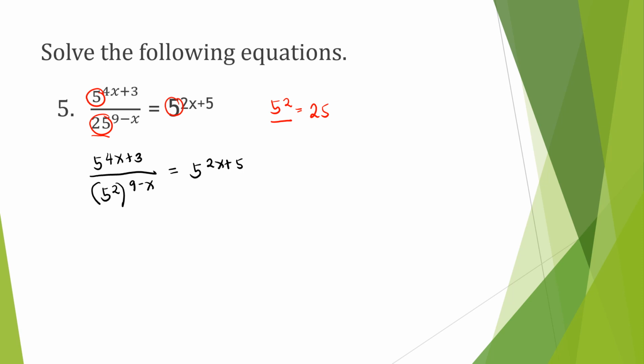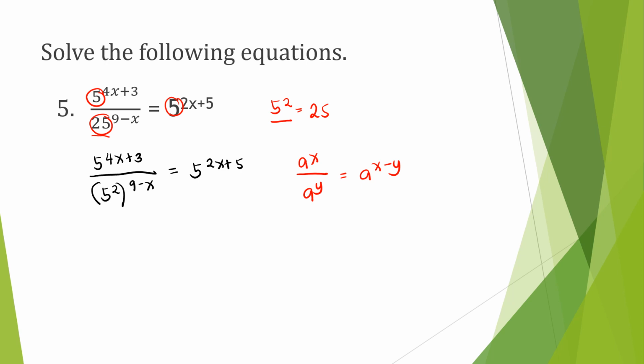Let us now apply dividing powers with the same base on the left side of the equation, where a raised to x over a raised to y is equal to a raised to x minus y.